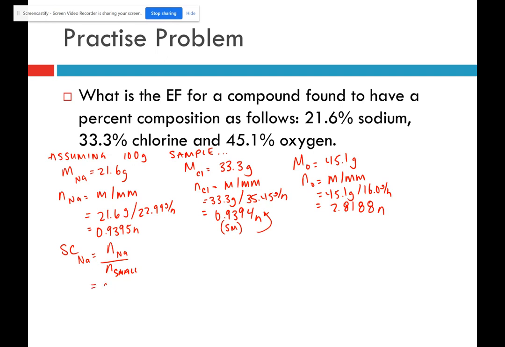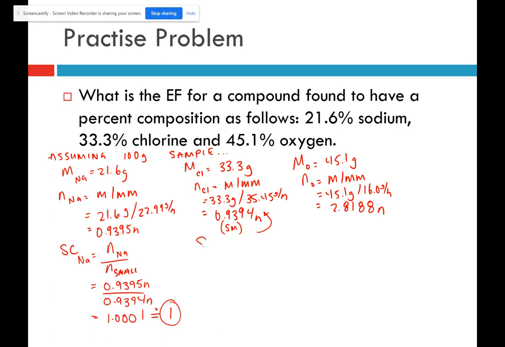So this is going to be 0.9395 moles divided by 0.9394 moles. That's going to give me 1.0001. So we know that's approximately 1. We're going to use 1 for the subscript of sodium.